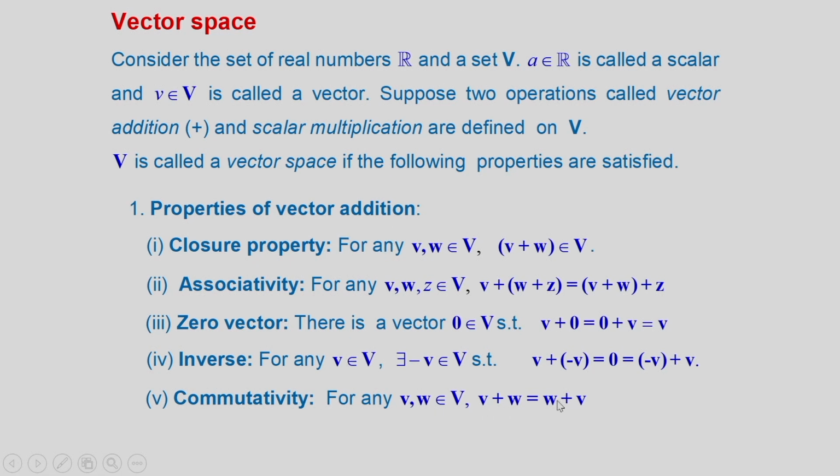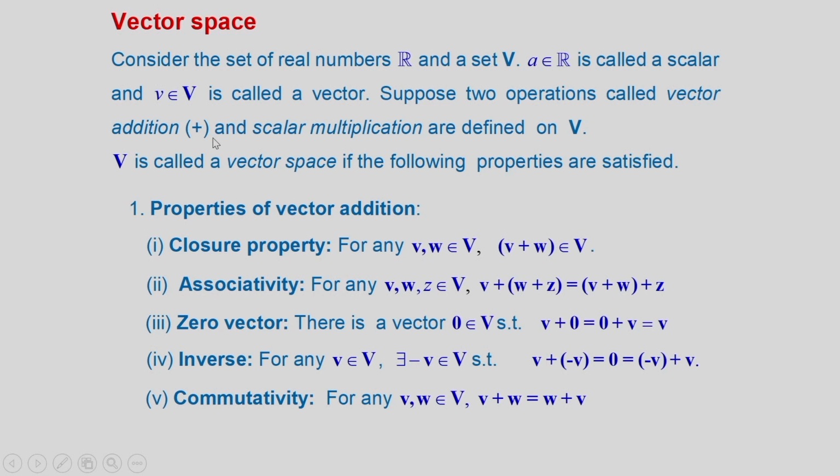V plus W is equal to W plus V. So, if these 5 properties are satisfied, then V together with the operation plus is known as a commutative group. These properties are known as the group properties. So, vector addition forms a group on the vector space.